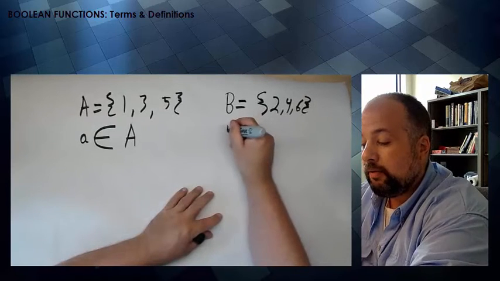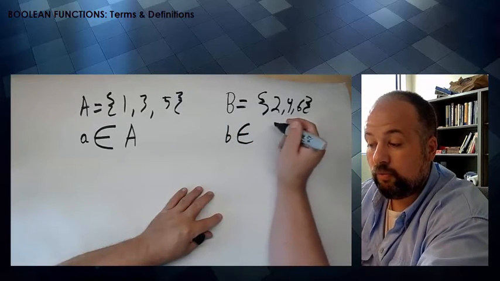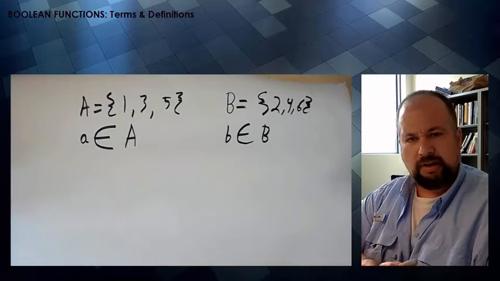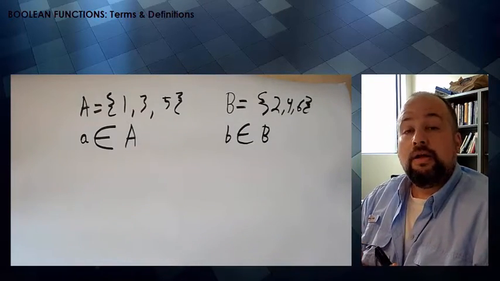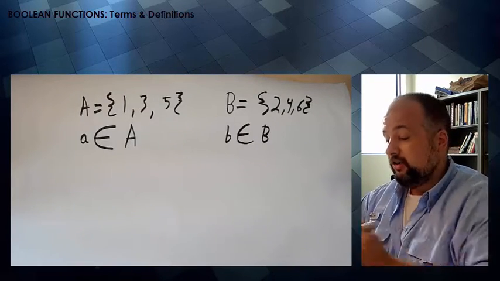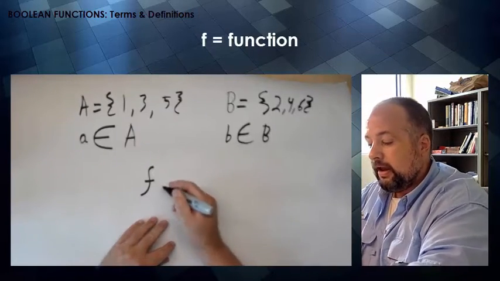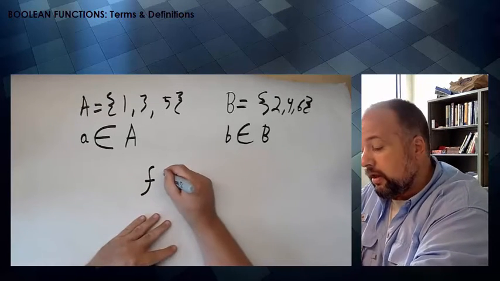And then we might write b exists within uppercase B. Make sense so far? All right, so we got our two sets, A and B. From that, we would define a function, f, and traditionally you put a little curly Q on the f when you do a function. I don't know why.